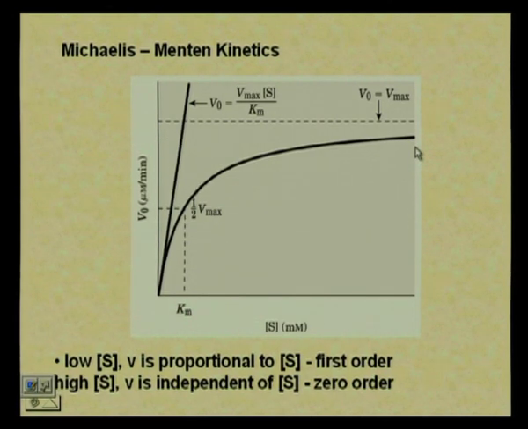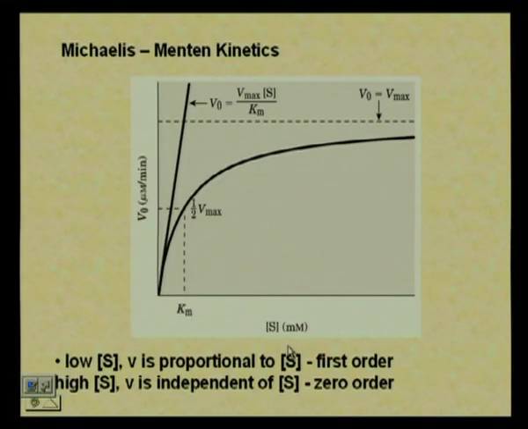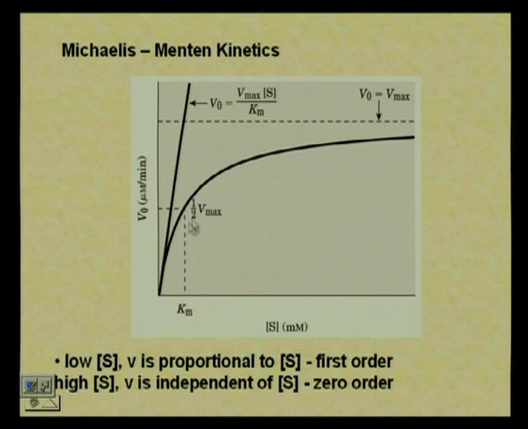So, even though you increase the substrate concentration, the enzyme has a definite capacity to accept the substrate. So, at a time you are going to attain saturation, and at high substrate concentration the velocity is going to be independent of substrate concentration, where you have 0 order kinetics.